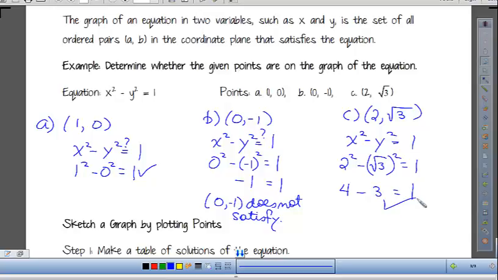That does equal 1, so it satisfies. So we found out that (1, 0) and (2, square root of 3) both satisfy our equation. Satisfy means when we plug it in, it works.